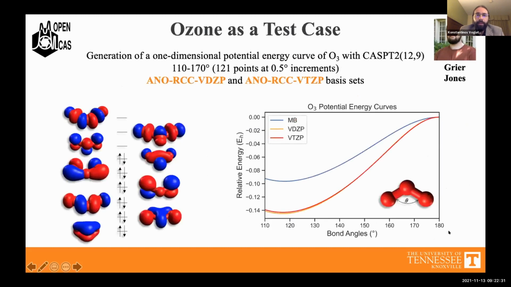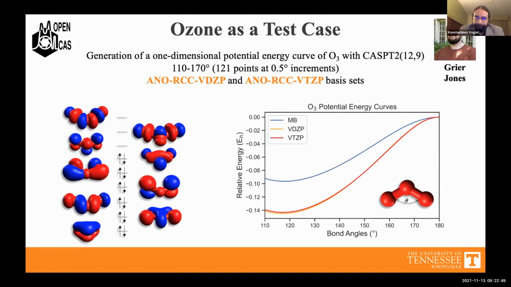And with this scheme, we have tested it on a small molecule, perhaps the smallest multi-configurational molecule that is not diatomic, because we didn't want to limit ourselves to a diatomic, as we don't have enough virtual orbitals and diverse virtual orbitals for our training schemes.